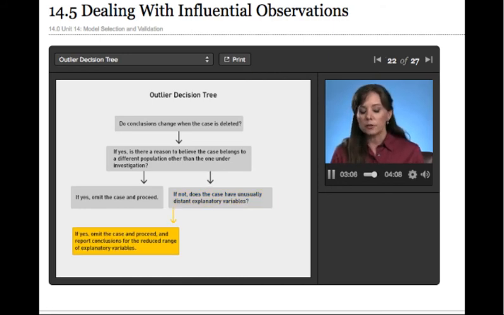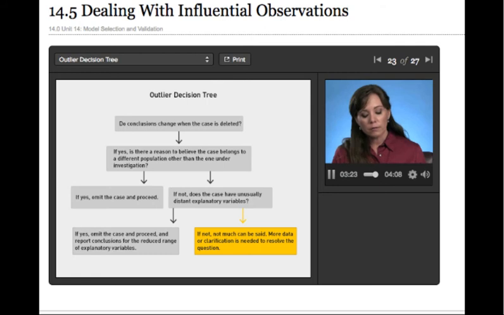If the case has unusually distant explanatory variables from the rest of the explanatories in the model, so this would be the restricted range case I talked about earlier, we would omit the case and proceed and report conclusions for the reduced range of explanatory variables, again explaining why we reduced the range. If no, we can't say too much more from that. More data or clarification is needed to resolve the question.